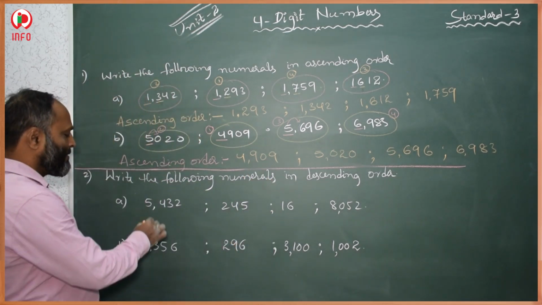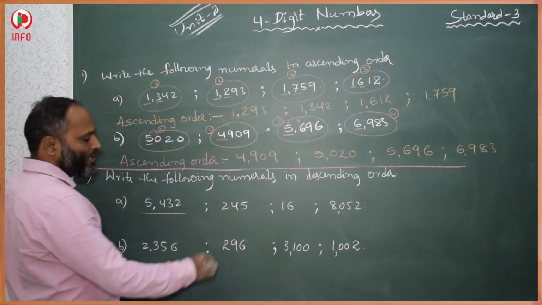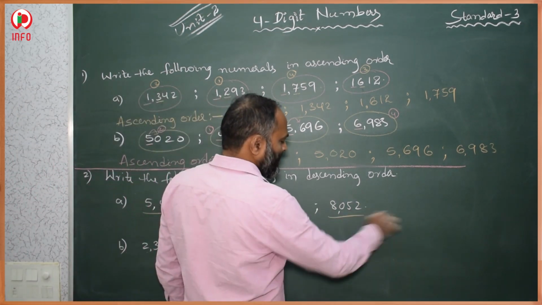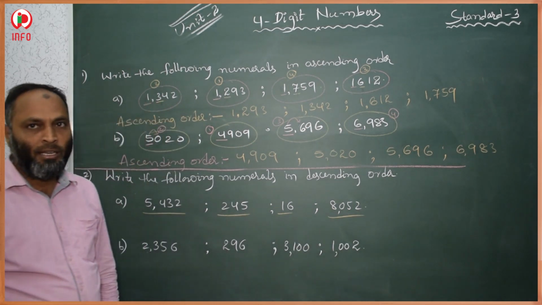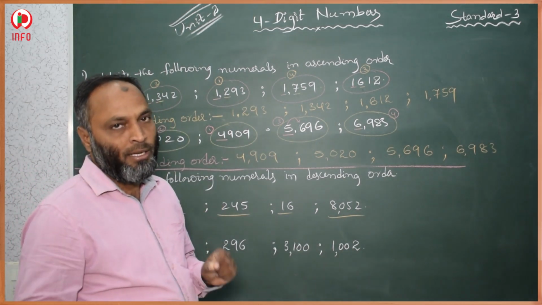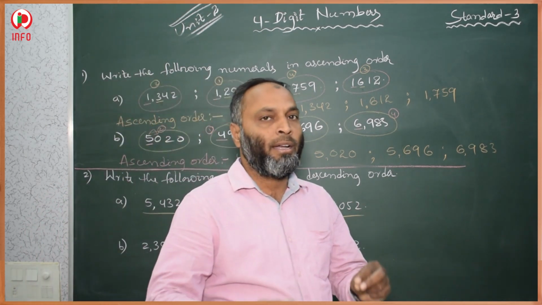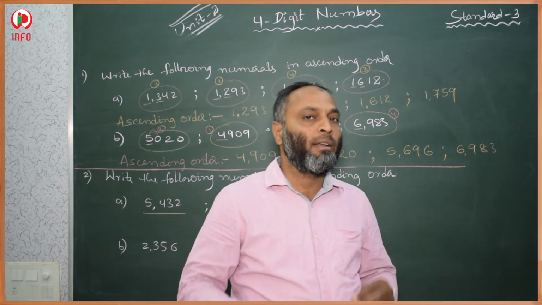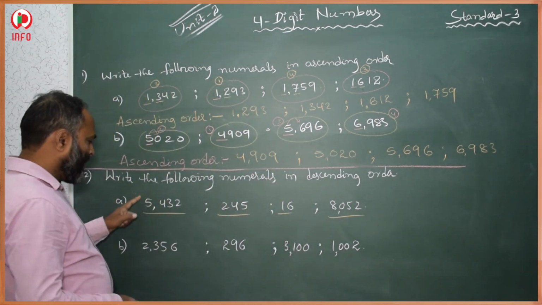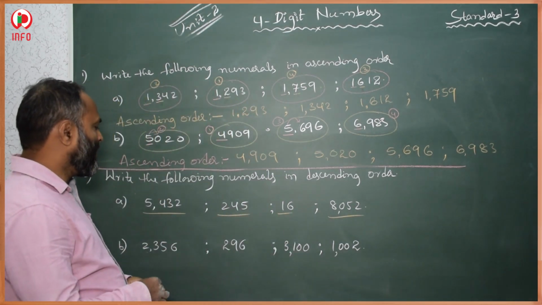This is a 4-digit numeral, this is a 3-digit numeral, this is a 2-digit numeral, this is a 4-digit numeral. 4-digit numerals are greater than 3-digit. 3-digit numerals are greater than 2-digit. 2-digit numerals are greater than single digit.